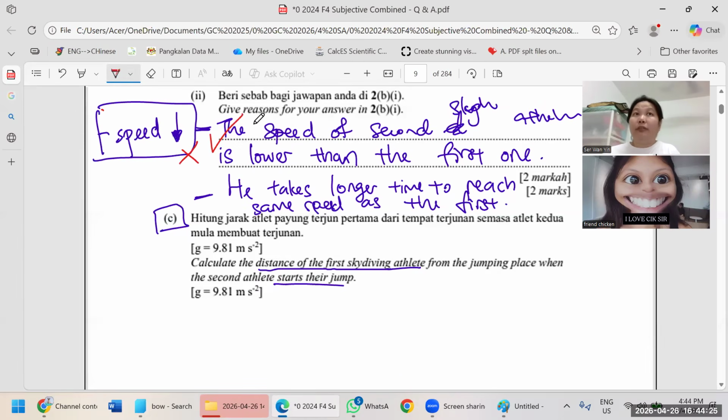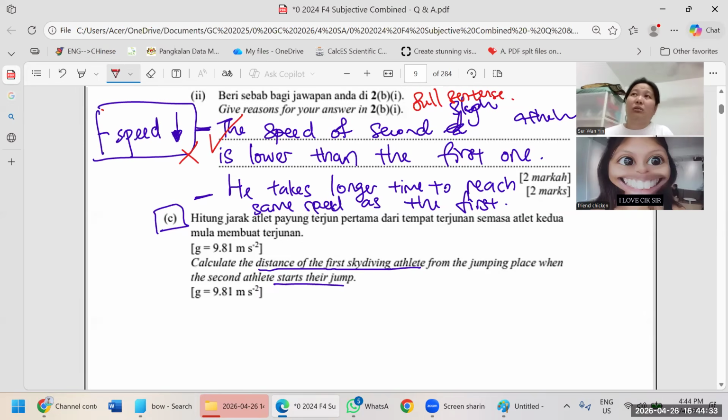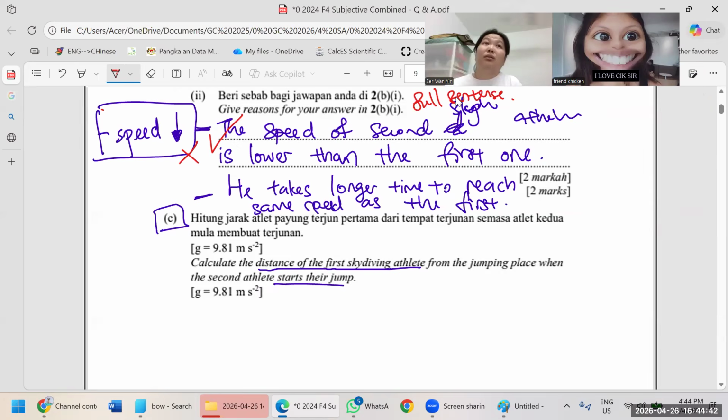Okay, can be point form but full sentence. I believe your chemistry teacher also said that. Biology must be in paragraph. I'm not too sure, better check with your teacher. Point form, full sentence. If you show me this directly, wrong.